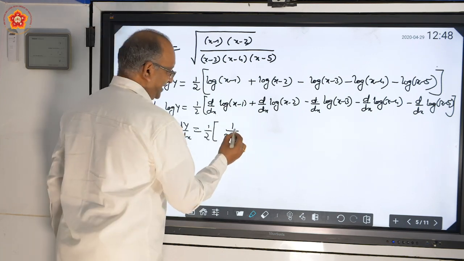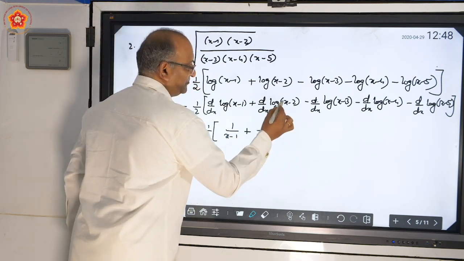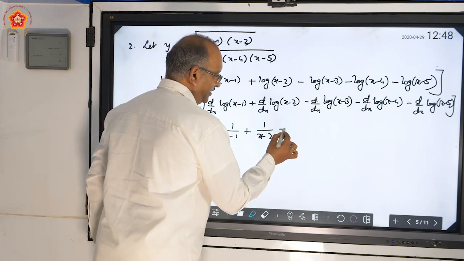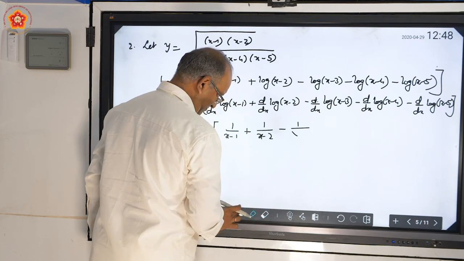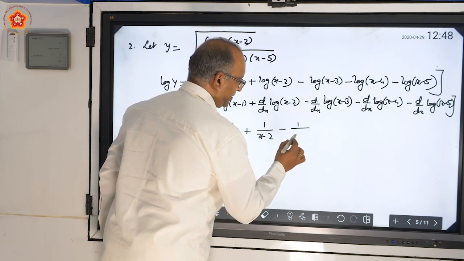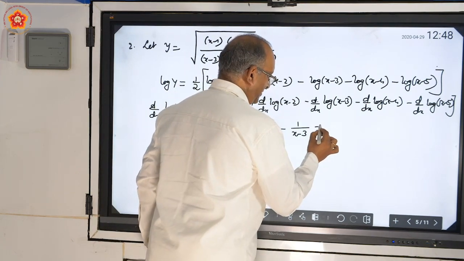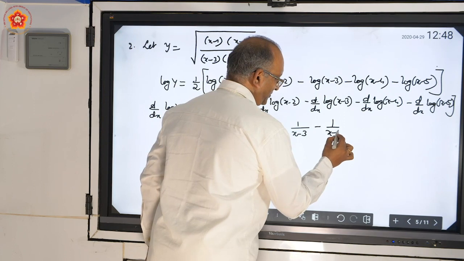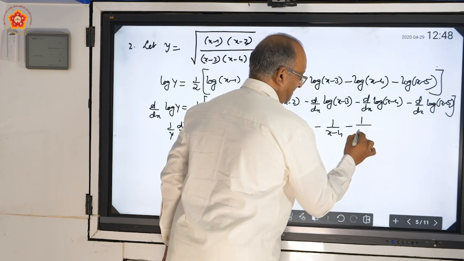If it is so, the second one will become 1 by x minus 2. The third one will become 1 by x minus 3. Next one will become 1 by x minus 4. Next one will become 1 by x minus 5.